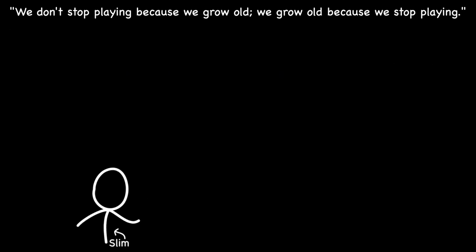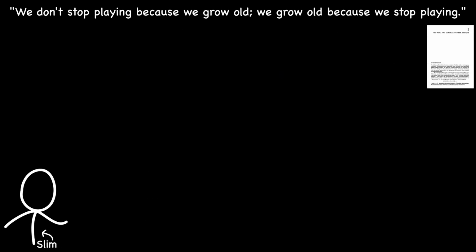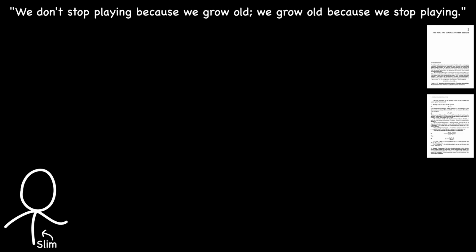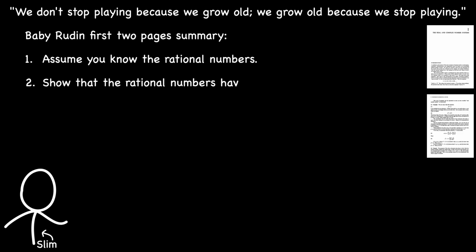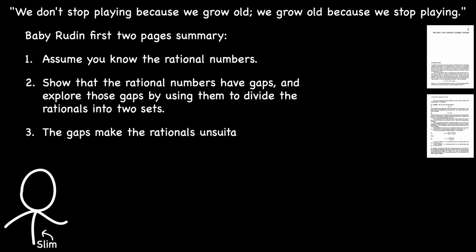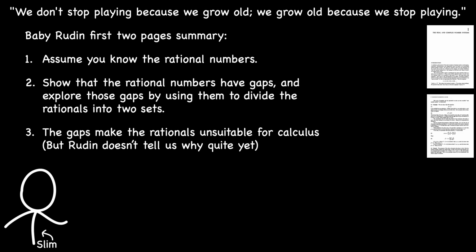As we wrap up, let's revisit the primary objective of Baby Rudin's initial pages. To convey that he embarks on his mathematical journey from the realm of rational numbers, even though this number system isn't the most conducive for analysis due to the presence of gaps like the infamous square root of 2.